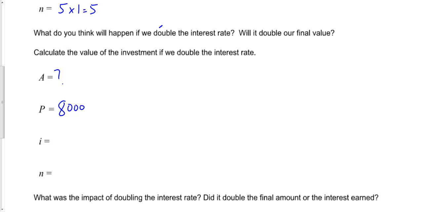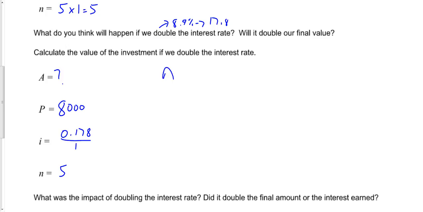This time we're going to double the interest rate. So if we double our interest rate, we're going to go from 8.9% to, if I double that, 8.9 times 2, that's going to give me 17.8%. So 17.8% as a decimal, 0.178, divided by 1 because it's still compounded annually, and my n value is still going to be 5.